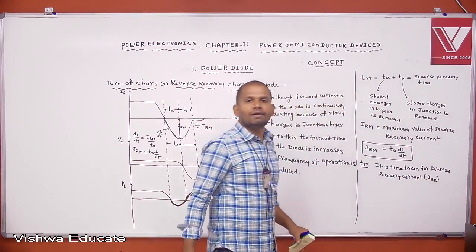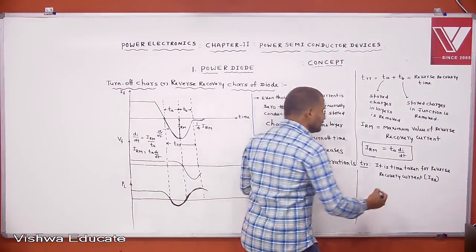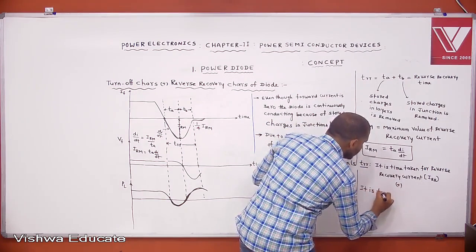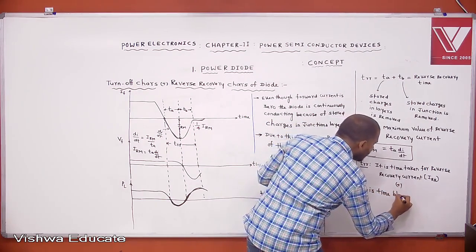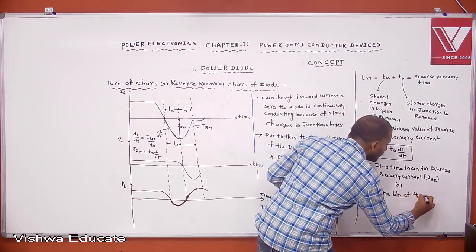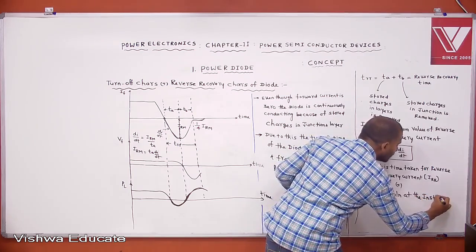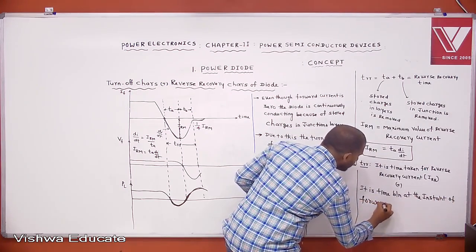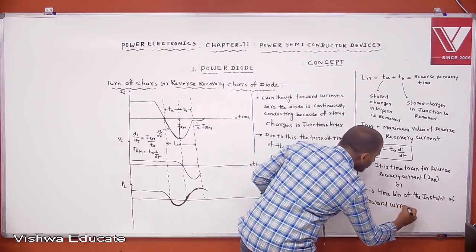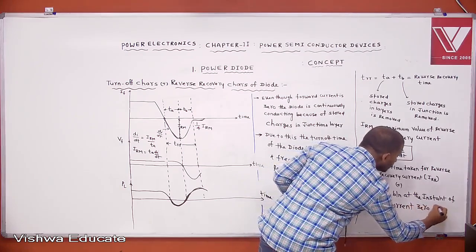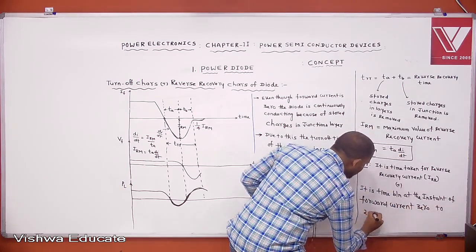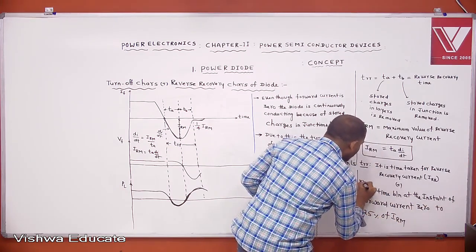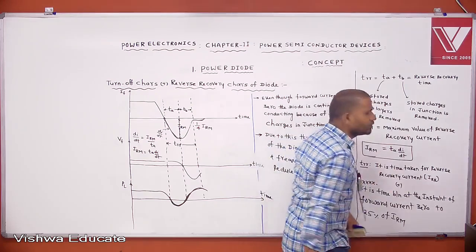Or we also define it as the time between the instant of forward current 0 to 25%, 1 by 4, of IR. Very important definition. Based on this statement, the question is already framed in compute.